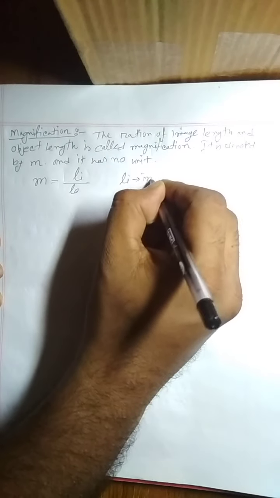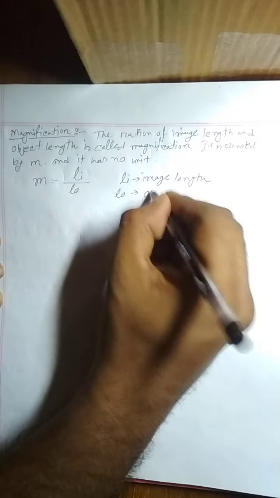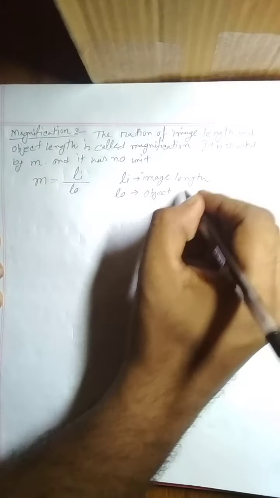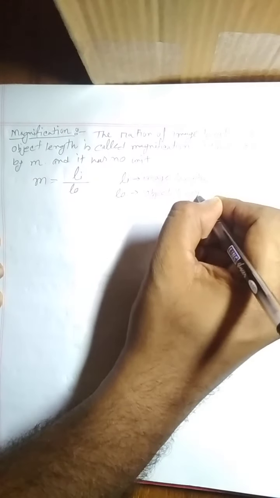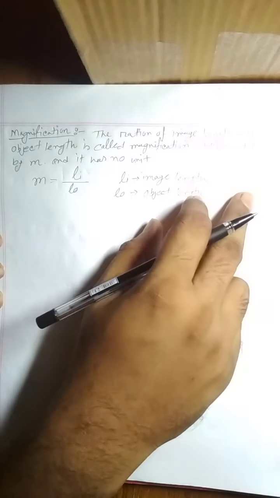Li is the image length, lo is the object length. But there is an issue.